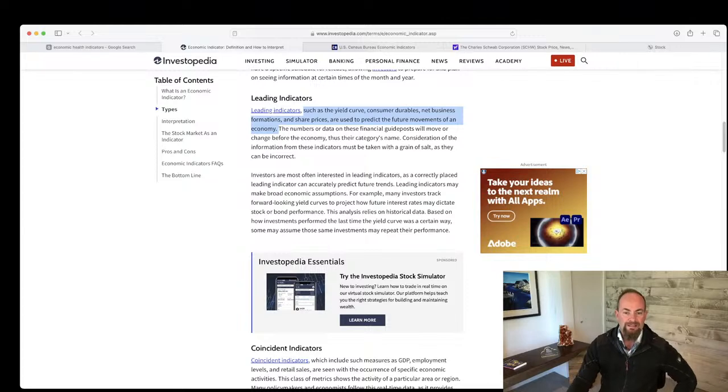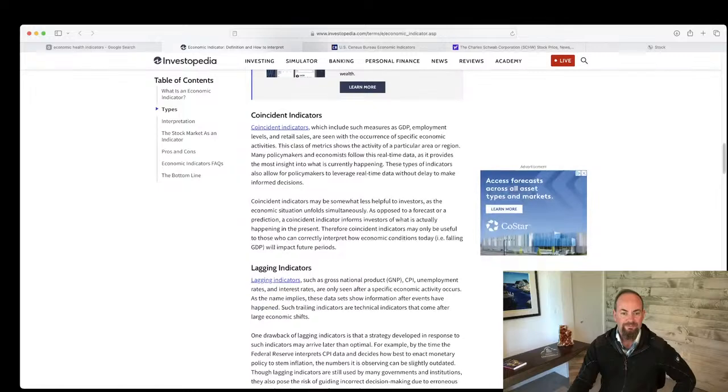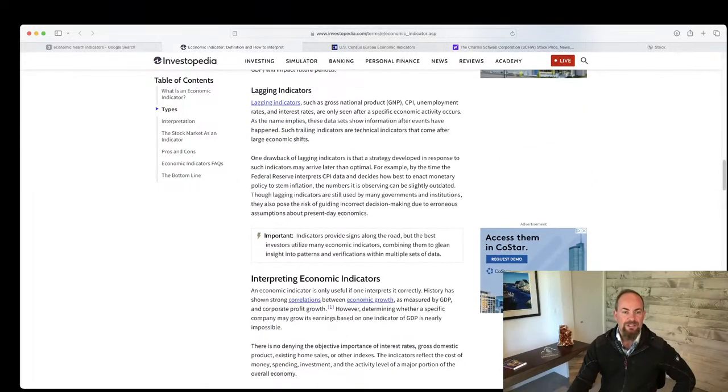So let's get into the lagging indicators. Lagging indicators such as gross national product, GNP, CPI, we've talked a lot about that, the consumer price index, unemployment rates, and interest rates are only seen after a specific economic activity occurs. That's why they're called lagging.